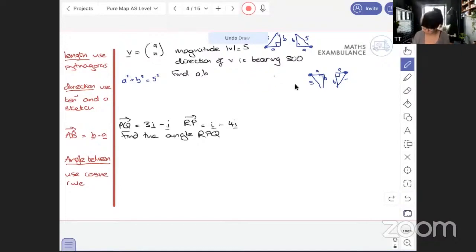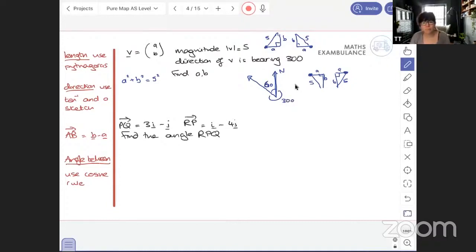Just annoying. Anyway, in this case, that's north, 300 degrees is over there. So that's going to be 30, oh no, that's going to be 60, sorry, because the bearing is 300.